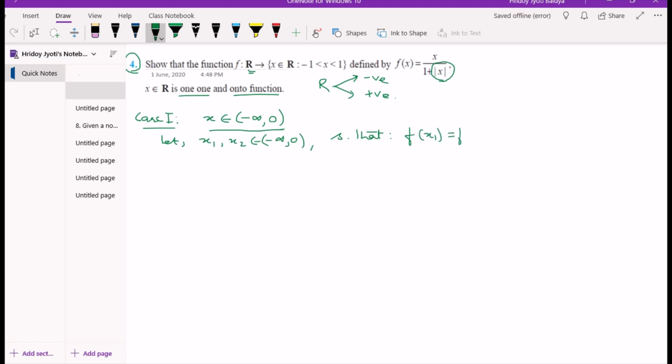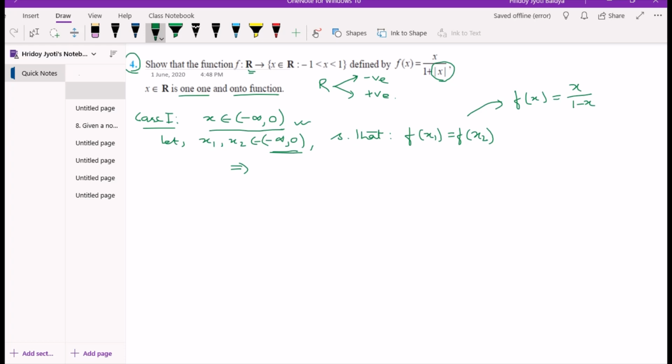Now we have to see whether x1 equals x2 or not. Since x1 and x2 belong to the negative part, the functional definition in this case becomes f of x equal to x upon 1 minus x, because our case is negative, so modulus of x gives us minus of x.